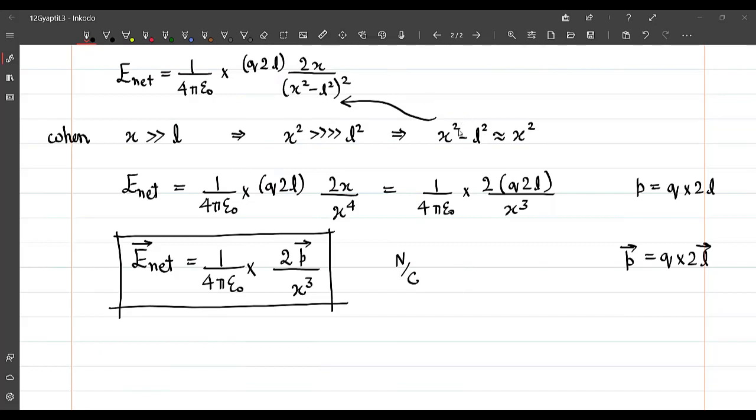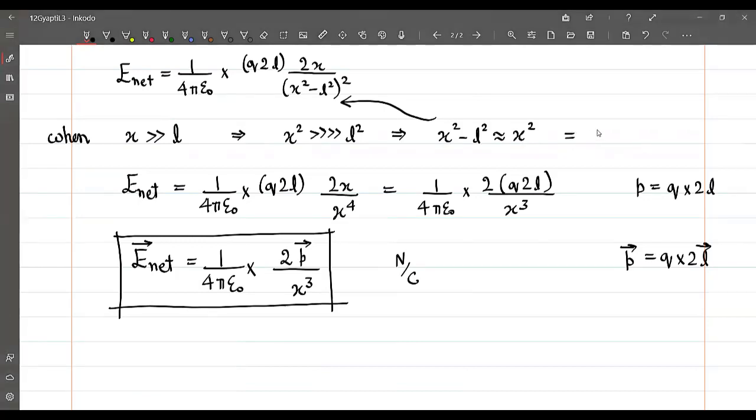Sir, that E net is equal to 1 by 4 pi epsilon naught q into 2L 2x by x square minus L square whole square. How did this become this? Instead of x square minus L square, I'm writing x square.